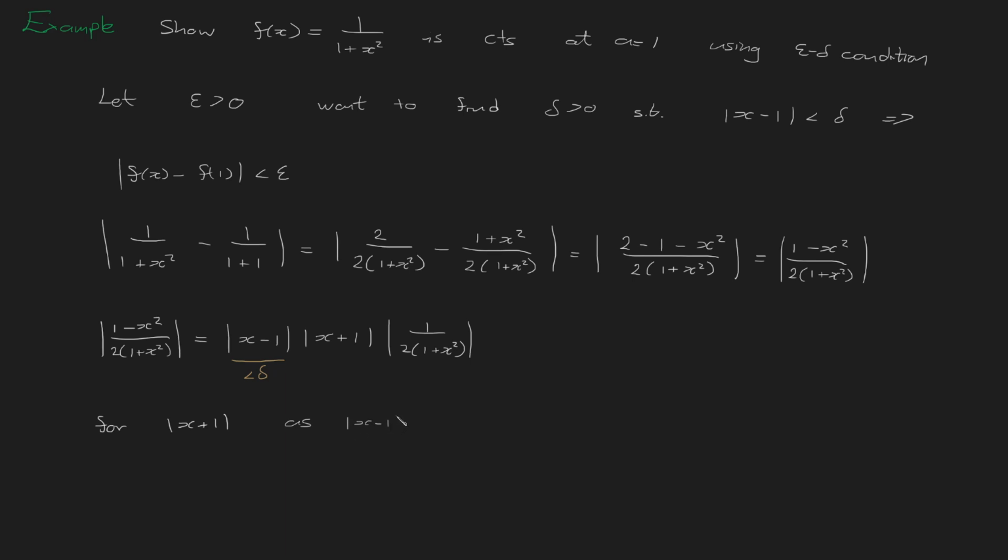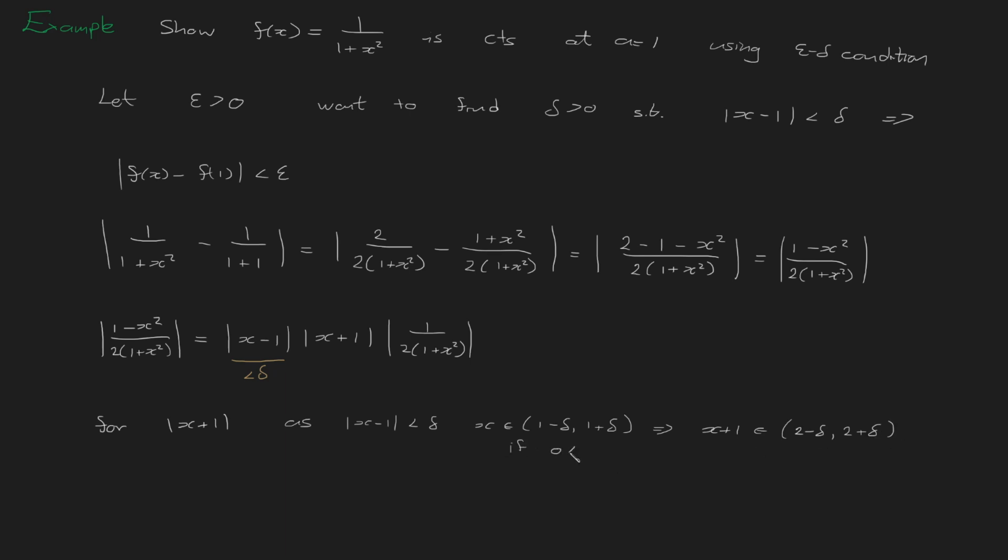As |x - 1| is less than delta, we have that x is an element of (1 - delta, 1 + delta). And that in turn tells me that x plus 1 lies in (2 - delta, 2 + delta).